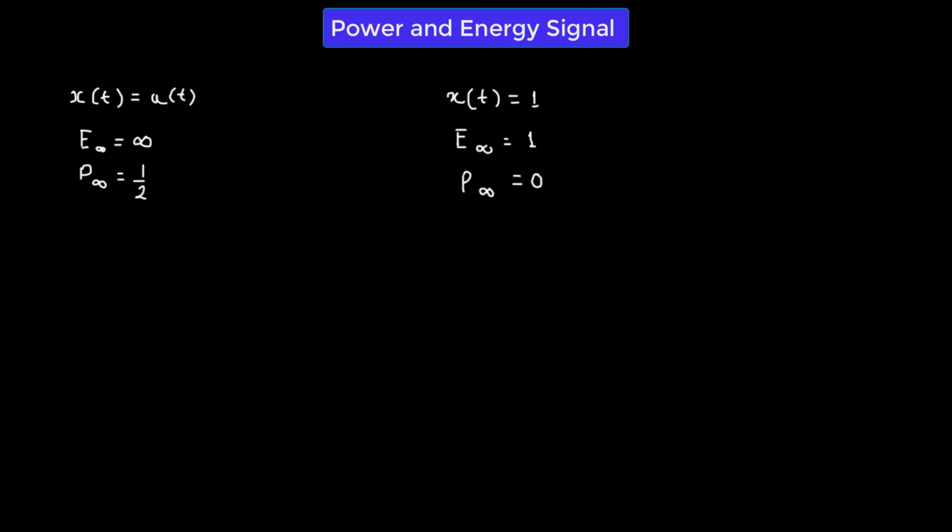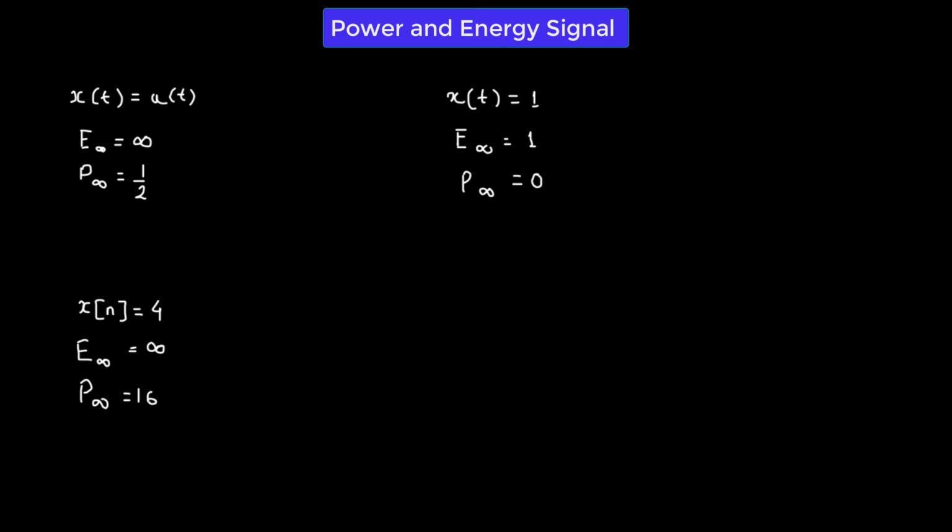and its power value was found to be 0. In the third example, we considered a discrete time signal x of n equals 4, and we found that its energy value is infinity while its power value is equal to 16.